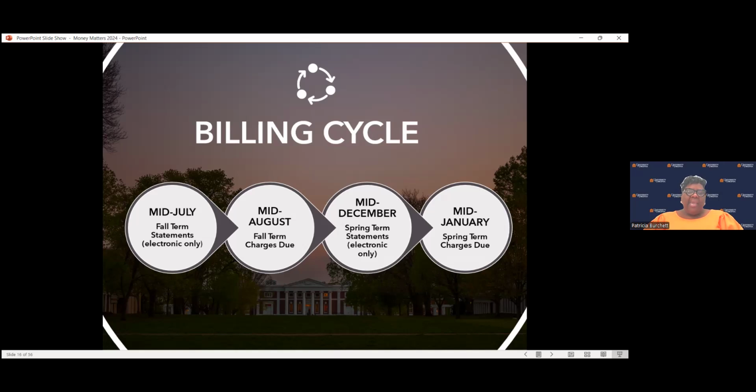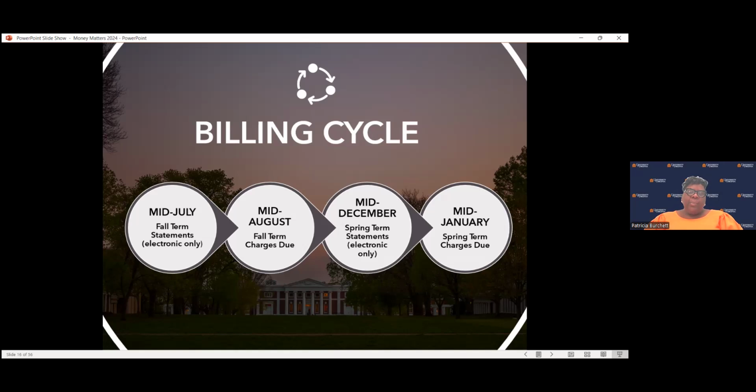We have an online portal within the university called UVA Pay. I will tell you more about UVA Pay shortly. Electronically, the fall term statements or any term statement is released through UVA Pay.